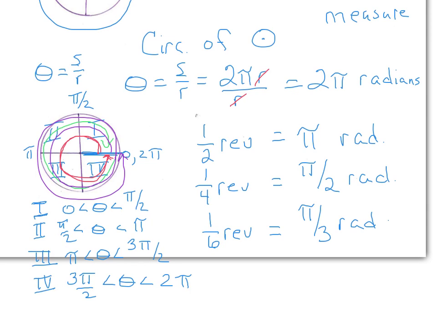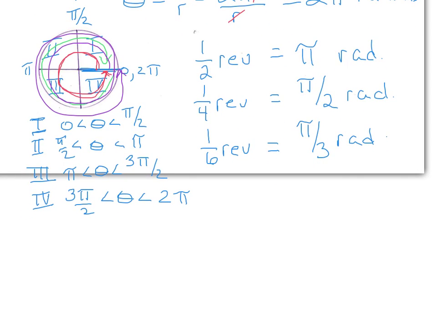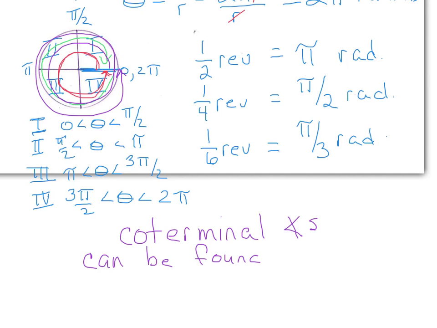So we can see that coterminal angles can be found by adding 2 pi n, where n is an integer.